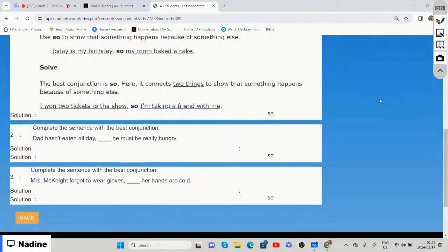Dad hasn't eaten all day. Do we say, and he must be really hungry? But he must be really hungry. Or he must be really hungry. Or do we say, so he must be really hungry?